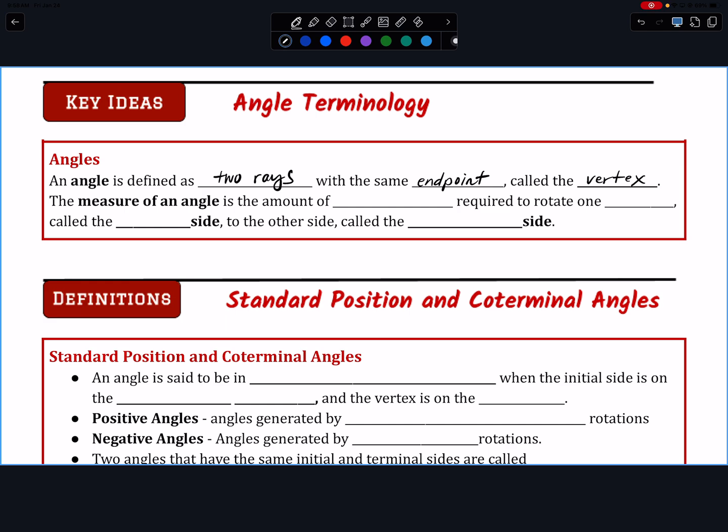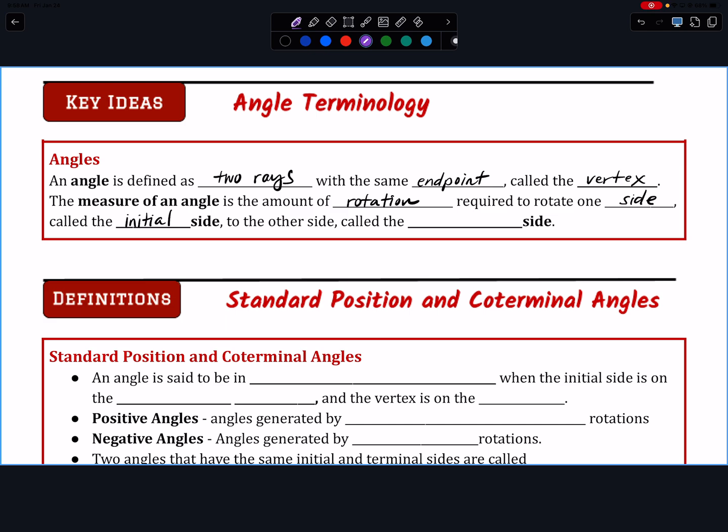The measure of an angle is the amount of rotation required to rotate one side, called the initial side.